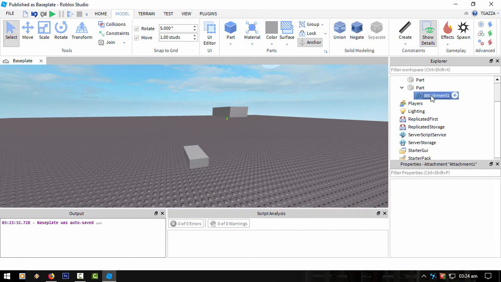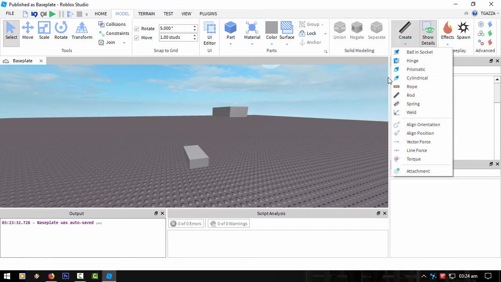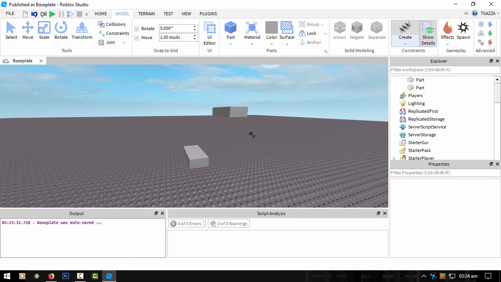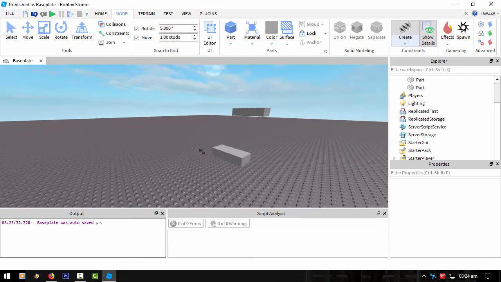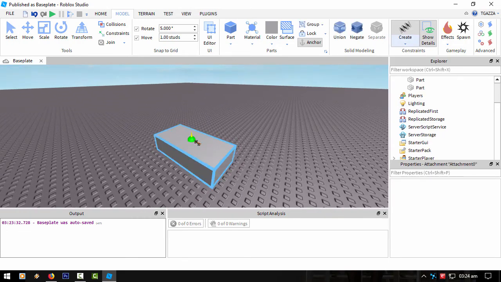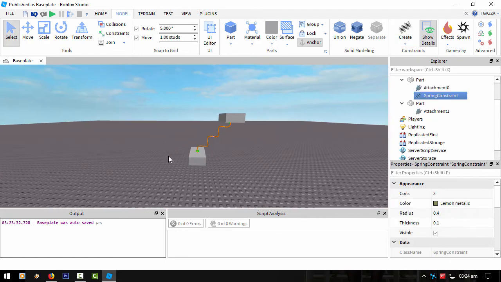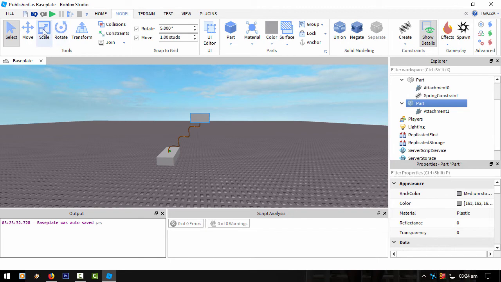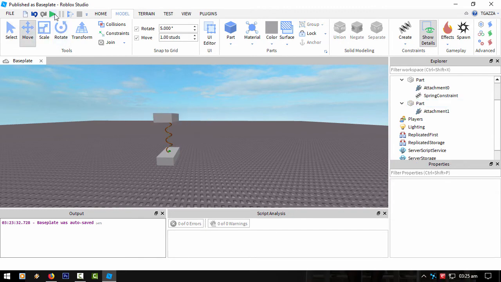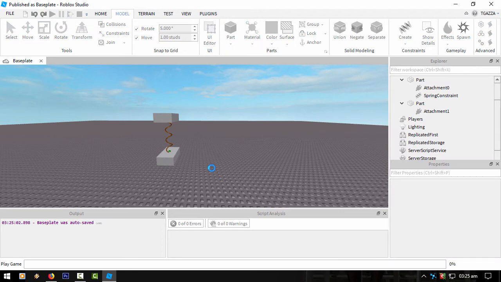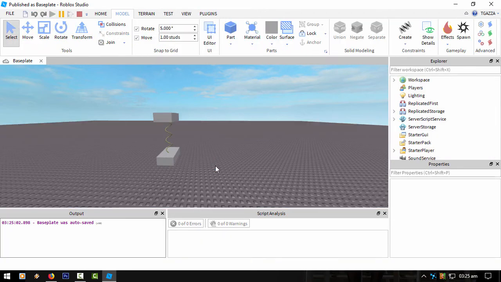Cool. So next I'm going to move it onto spring. I'm not 100% sure what this weld is. I think it's just a normal weld with the attachment points. So the spring is as follows. Let's actually move that above the other one. Play. There you go.